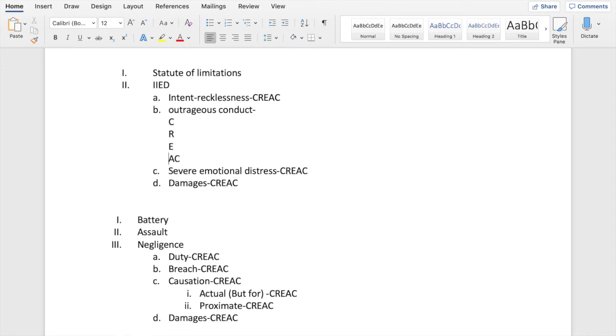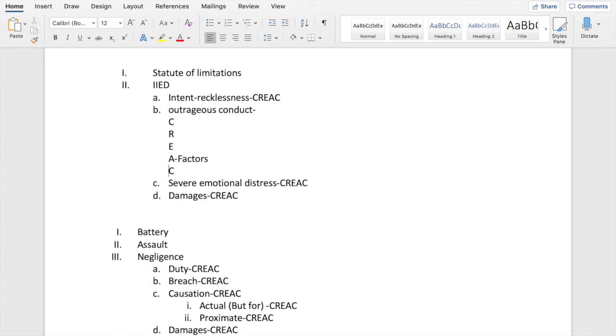You had those different factors listed in your notes, and you can divide your application into factors. But outrageous conduct itself, the element, would get a single CREAC. So, elements each get their own CREAC, whereas factors all go into one CREAC.